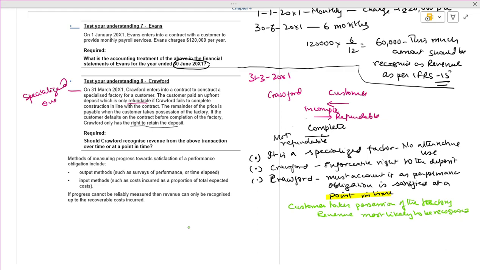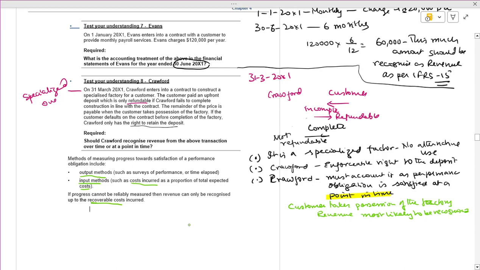Methods of measuring progress. There are two different methods. One is the output method, such as surveys of performance or time elapsed. The other is the input method, in terms of how much cost we have incurred as a total percentage of cost. If progress cannot be measured, then revenue can only be recognized up to the recoverable cost.